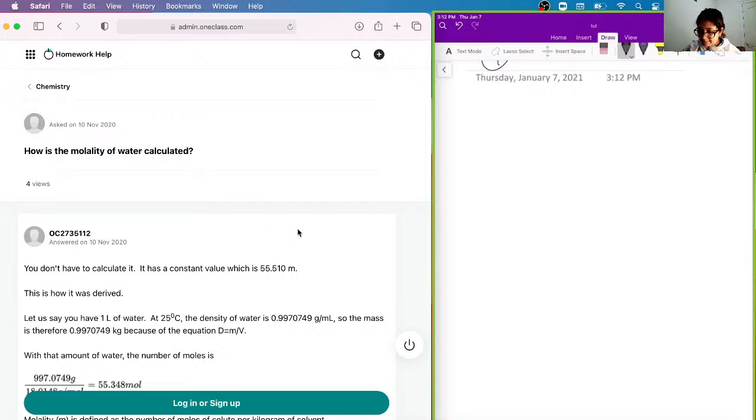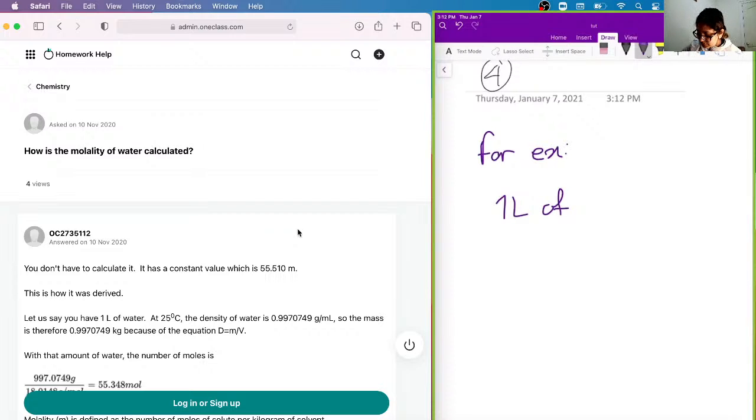Let's say, for example, you have 1 liter of water.